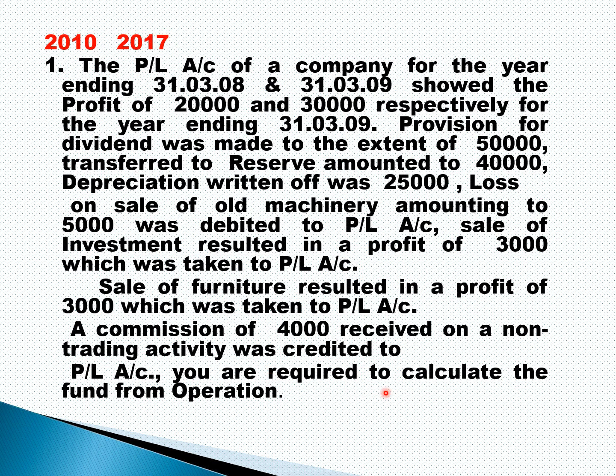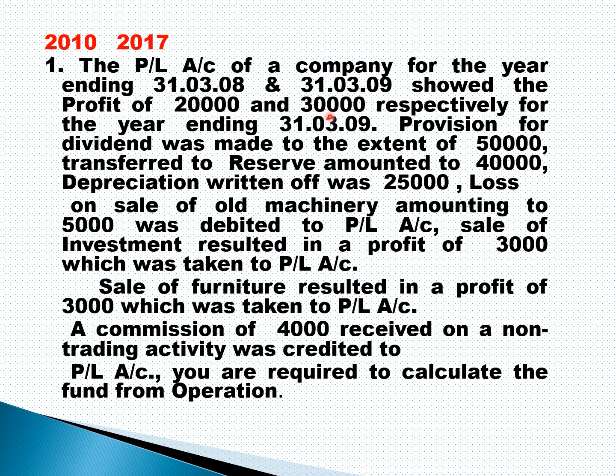You are required to calculate the funds from operations. So students, totally 4 items will come in the credit side. Number 1, last year profit. Number 2, profit on sale of investment. Number 3, profit on sale of furniture. Number 4, commission. What are the items that will come in the debit side?